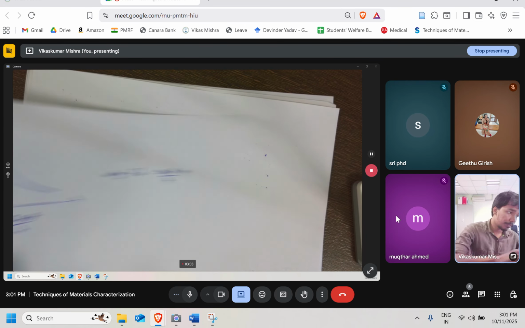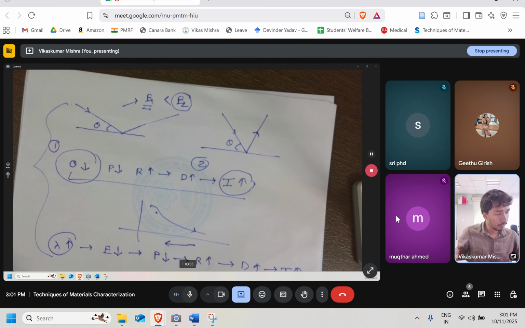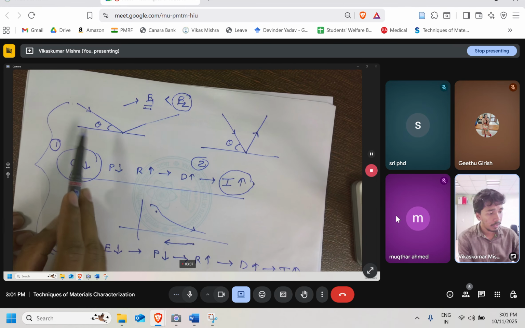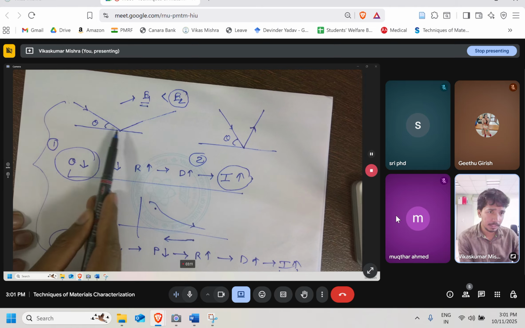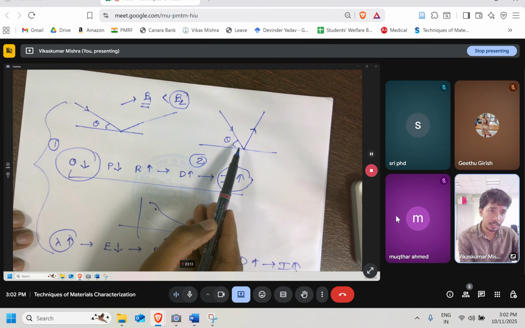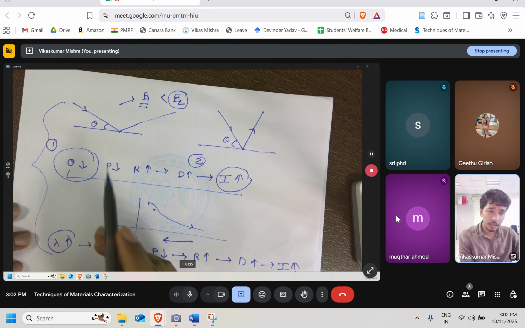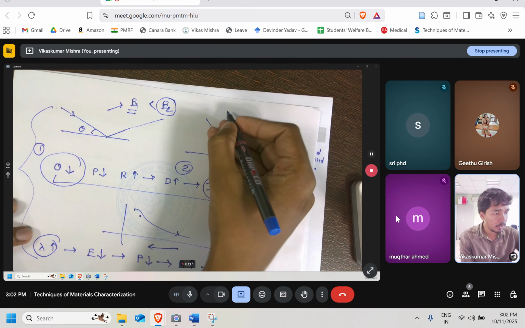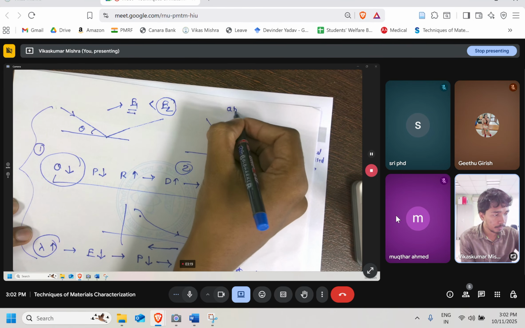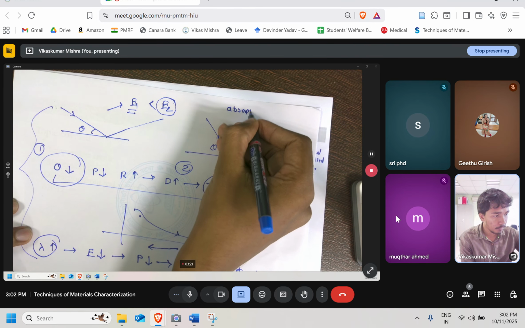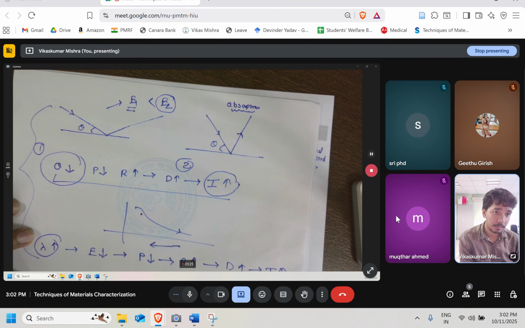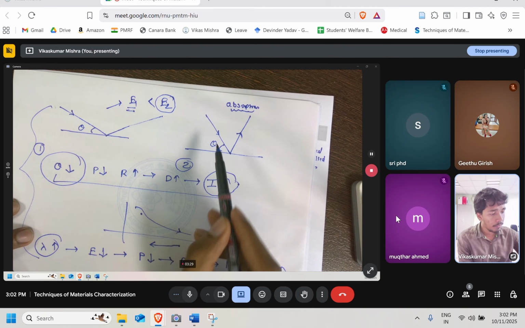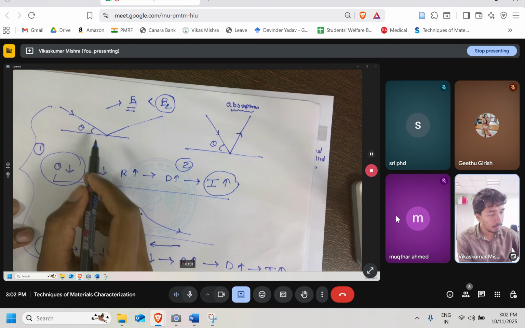My explanation was from the penetration point of view: low angle, less penetration; high angle, more penetration. But this week we learned the concept of absorption, which says that the diffracted beam will be free from these factors.